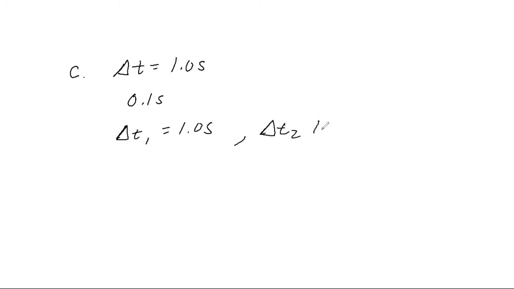All right, for C, we want to know the velocity at t equals 1.0 seconds, and we're going to take an interval of 0.1 second. So our t1 is going to be 1.0 second, and t2 is going to be 1.1 seconds.